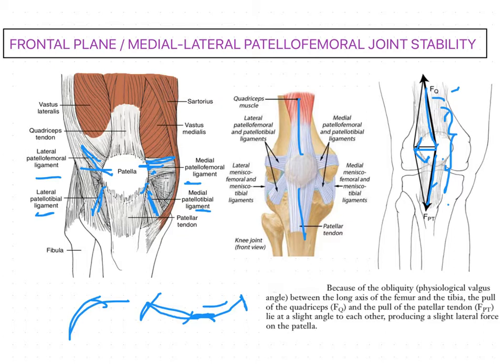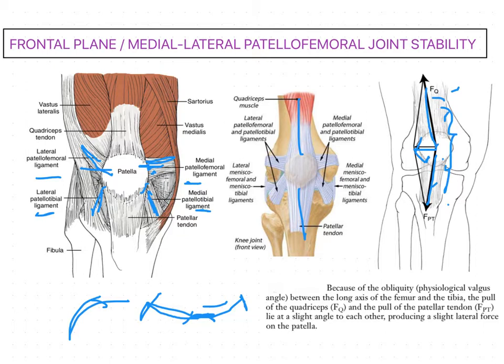So all the forces should act in a particular way to maintain the patella in its position. If any abnormal forces act on the patella, it can definitely cause dislocation of the patella from its position.